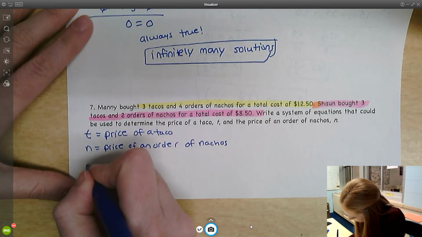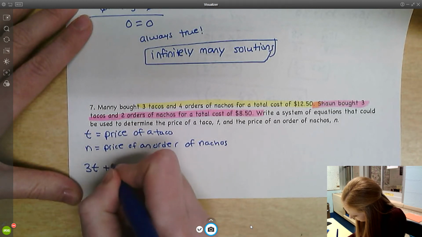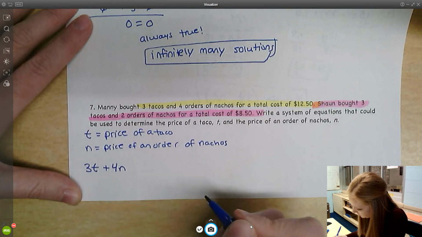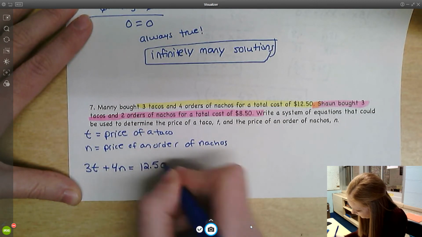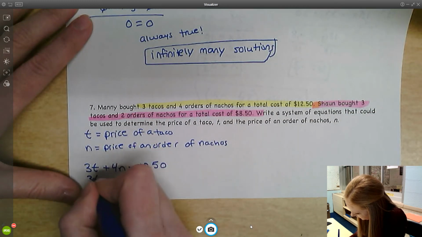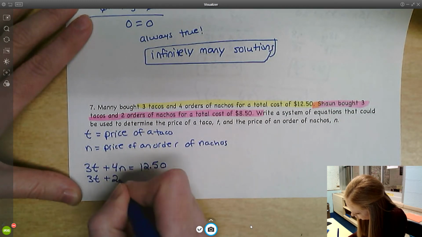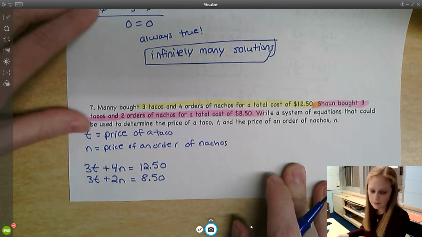All right, so we've got 3 tacos plus 4 times the price of the nachos totals to $12.50 for Sean. I'm sorry, for Manny. And then Sean has 3 tacos plus 2 orders of nachos, and that totals $8.50. Okay, this is our system.